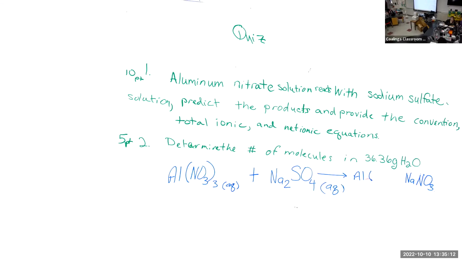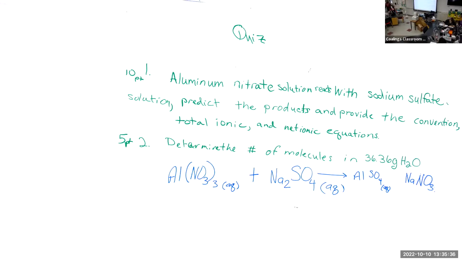Okay, so this Al2(SO4)3, is it going to be solid, liquid, gas, or aqueous? Aqueous. And is that written correctly? Why is it written correctly?